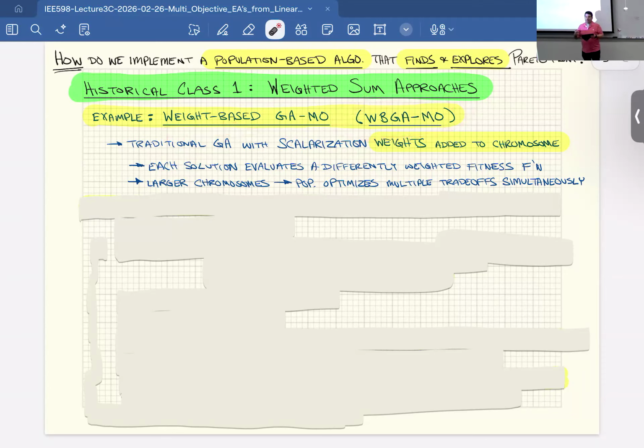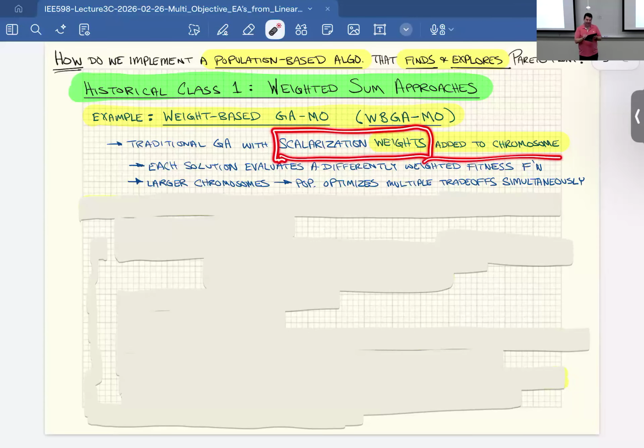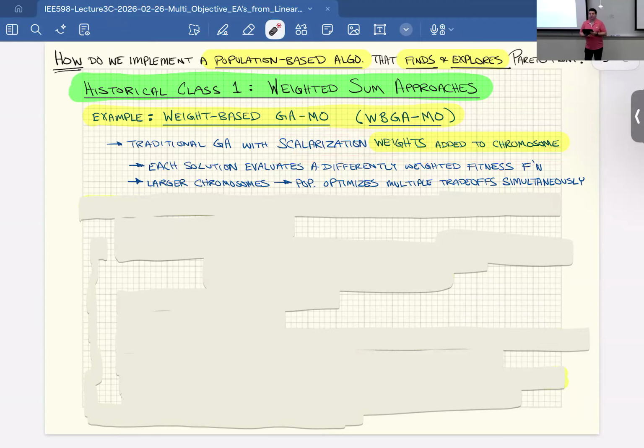They just said, we're going to take a traditional GA that we already have implemented, and then we're going to take linear scalarization weights and add them to the chromosome, a little bit like the way evolution strategies adds mutation rates to the chromosome. So you can just imagine every individual has decision variables, but then you augment that vector with the weights for how that individual combines the objectives.